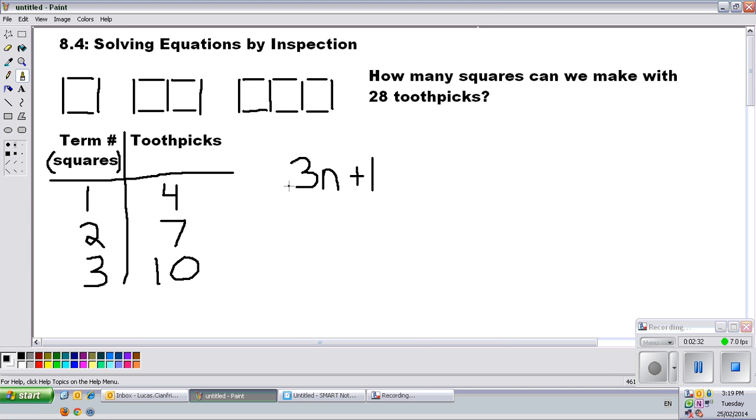So now that we figured out our algebraic expression, which is 3n plus 1, now we want to know from the question, how many squares can we make with 28 toothpicks? So remember, the amount of squares is our variable.